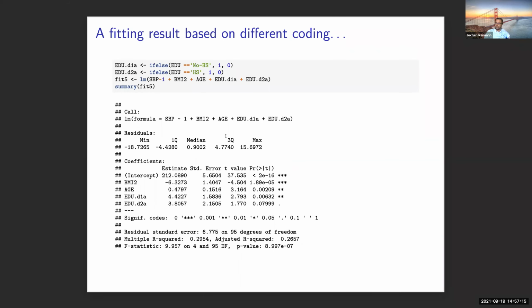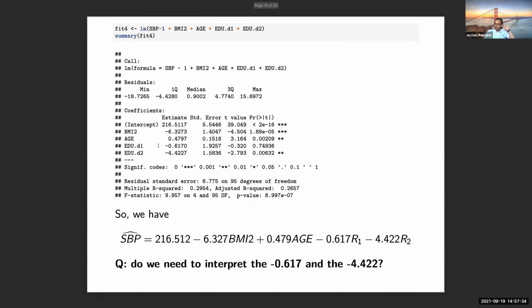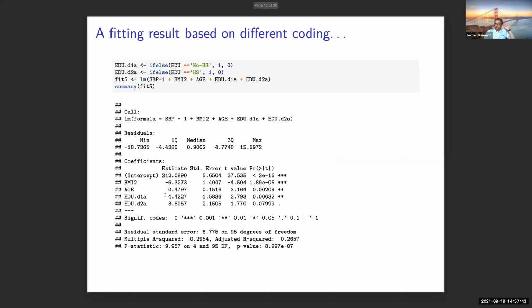And this is the model that essentially leads to this result. So now we can recode this without a problem. Now we have the non-high school graduates as a reference group, and now we're recoding it to college graduates.